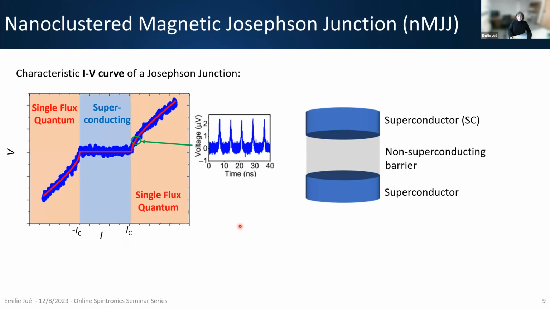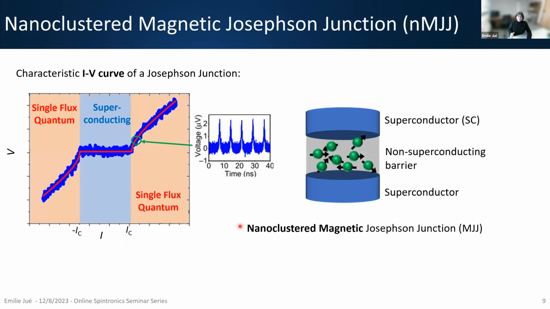Okay, so the Josephson junction that we are going to study here is special because it is a nanoclustered magnetic Josephson junction. What I mean by that is that in this case, we have magnetic nanoclusters inside the non-superconducting barrier.